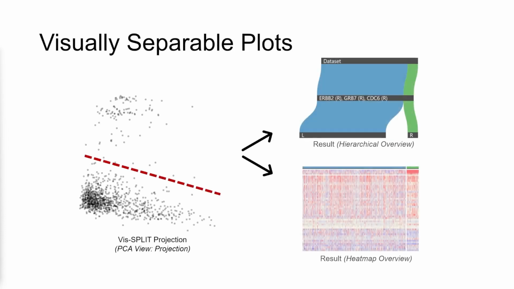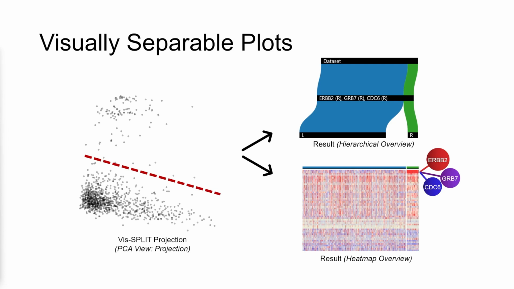Once the analyst is ready to define a partition, they can choose a dividing line across the projection. This partition updates the linked overviews. The updated model is represented in the hierarchical overview, with the newly formed distinction being explained by specific genes that were automatically determined to be significant.